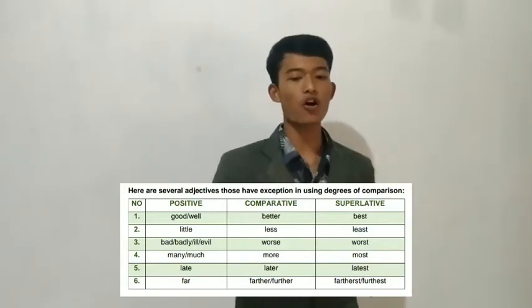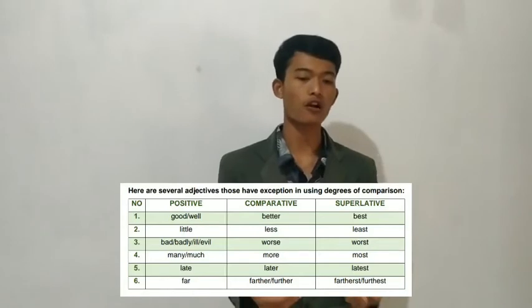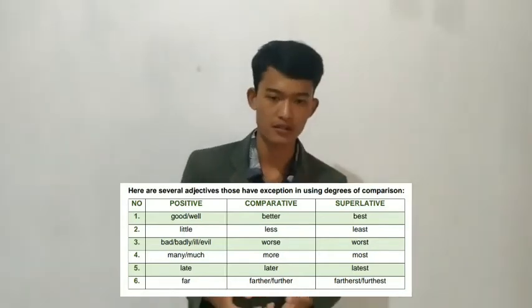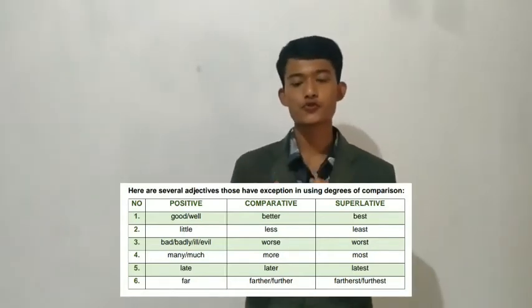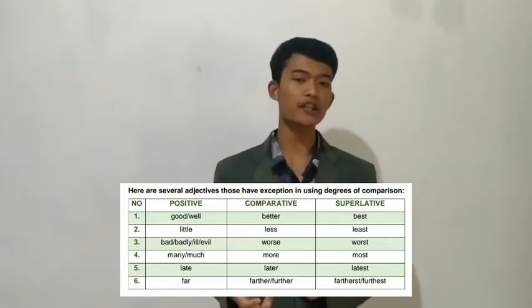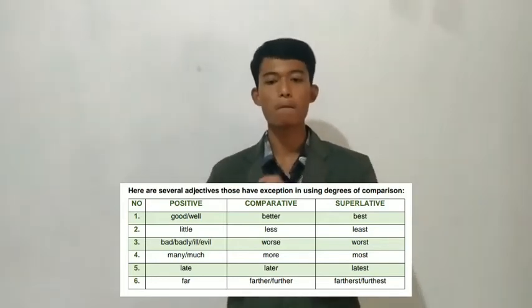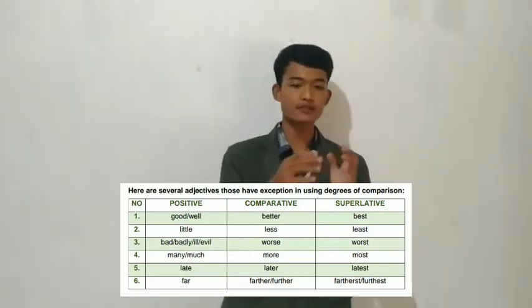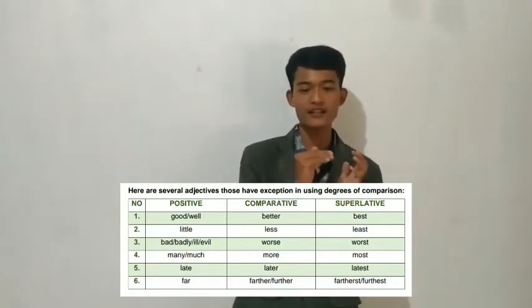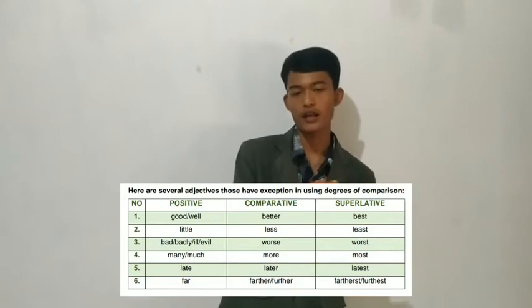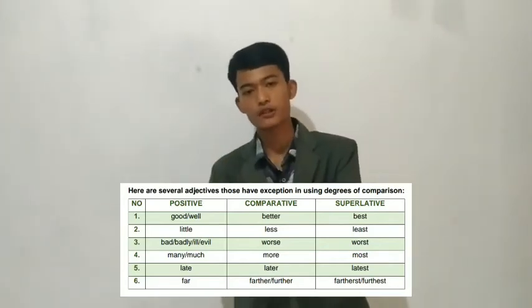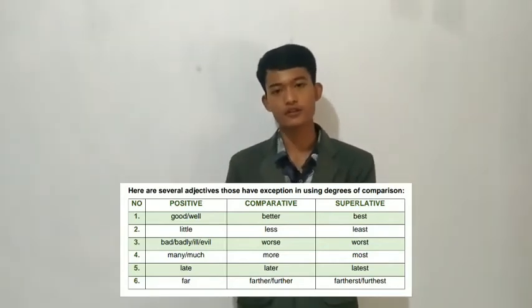Next, many or much. Many is for countable, much for uncountable. The comparative form is more, and then the superlative form is most. Next is late. Late is the positive degree. The comparative degree will be later.